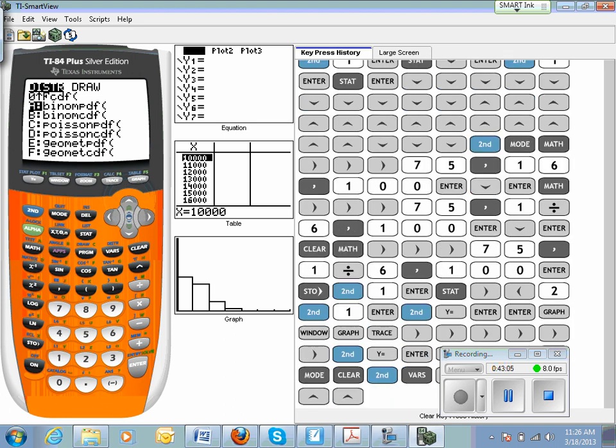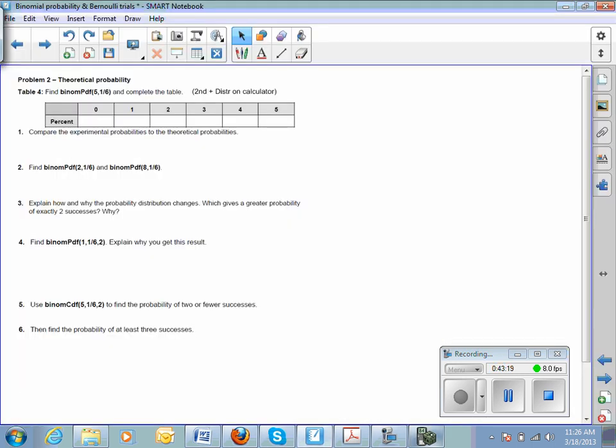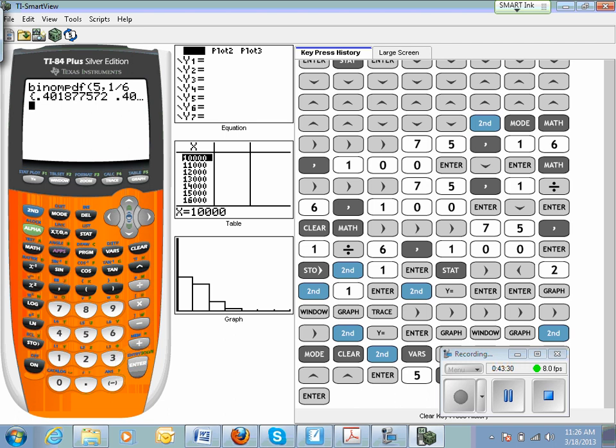We'll talk about binomial CDF in just a minute. The binomial PDF is the probability distribution function. The arguments are, once again, the number of trials and the probability of success on each trial. So 5, comma, 1/6. Enter.